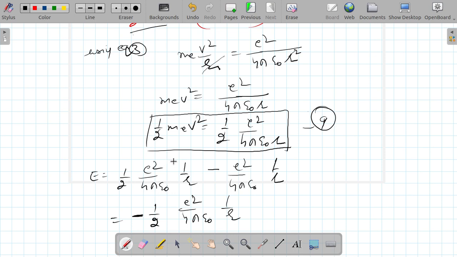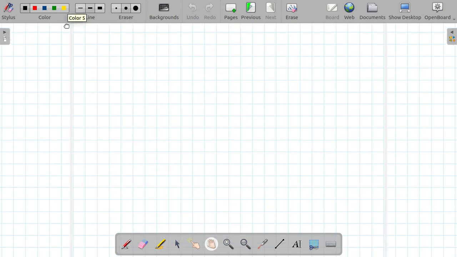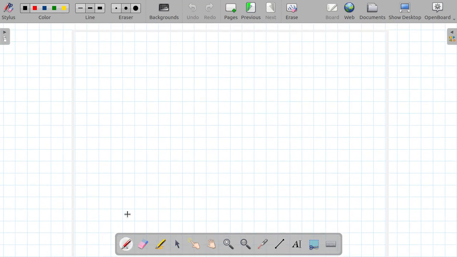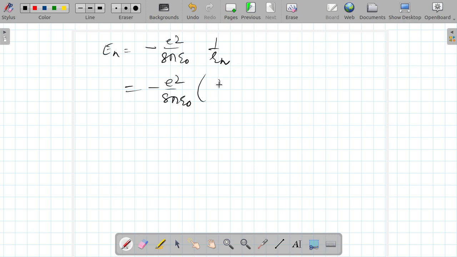So let me call it E_n, energy of the nth orbit. For that case, this E_n can be written in a similar manner as minus e square over 8 pi epsilon naught 1 over r_n. And if I substitute the value of 1 over r_n here, it is e square over 8 pi epsilon naught into m_e e square over 4 pi epsilon naught h cross square and 1 over n square.